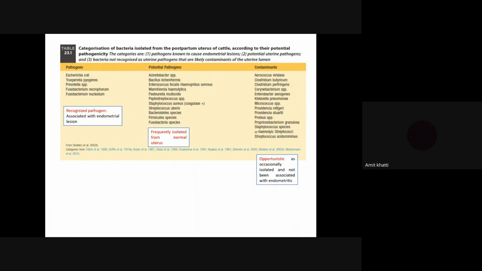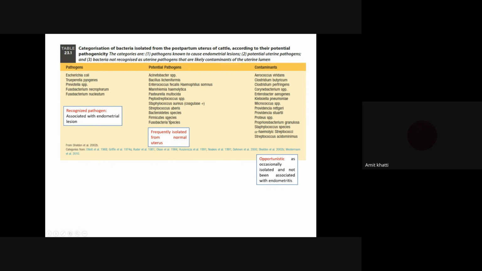So what are the common microbial agents? We can categorize all the microbial agents in three categories. First, recognized pathogens which are associated with endometrial lesions. These are the common microbes, most commonly E. coli and the Arcanobacterium group. The rest are also associated with lesions, but most commonly these two bacteria are associated with uterine infection.